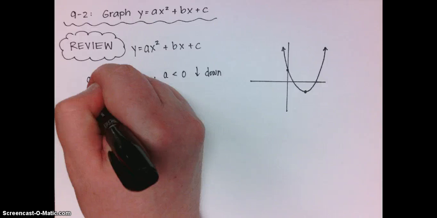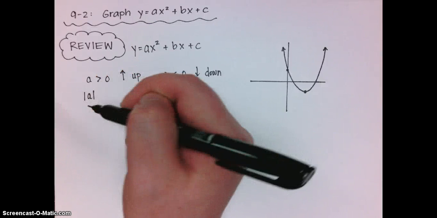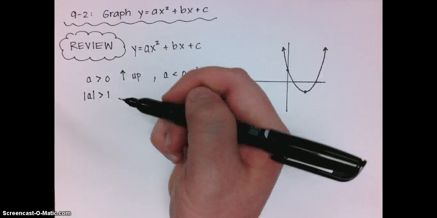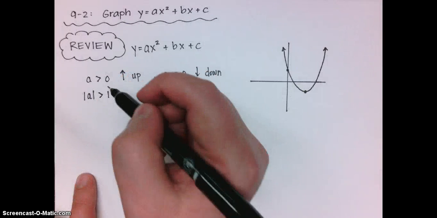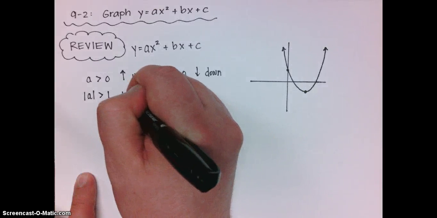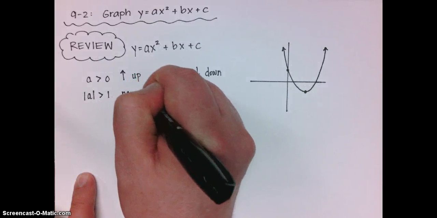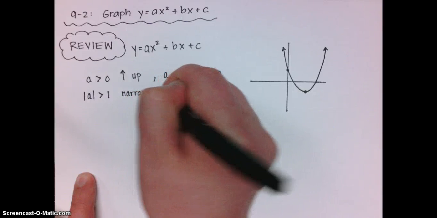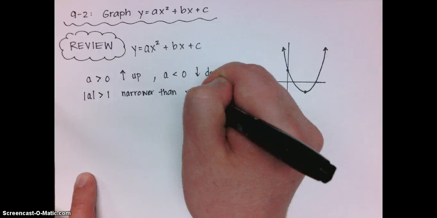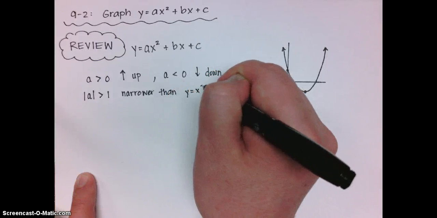Also, if I took the absolute value of that coefficient and compared it to the number 1, and I found that it was greater than 1, then that told me that it was going to be narrower than the parent quadratic function, which was y is equal to x squared.